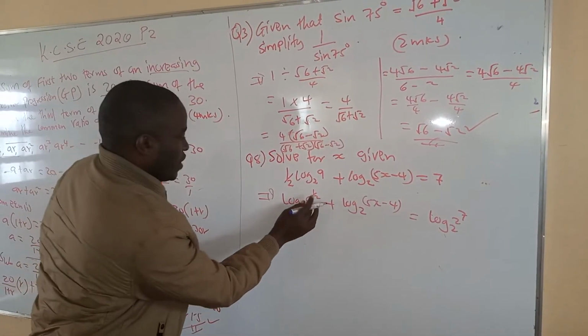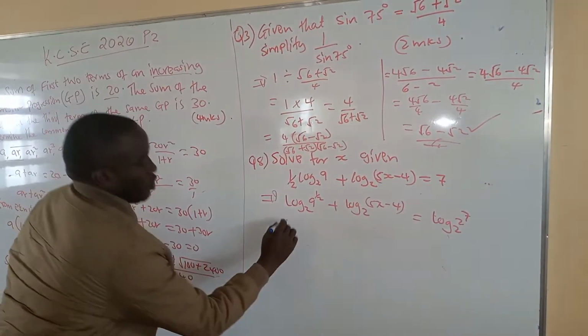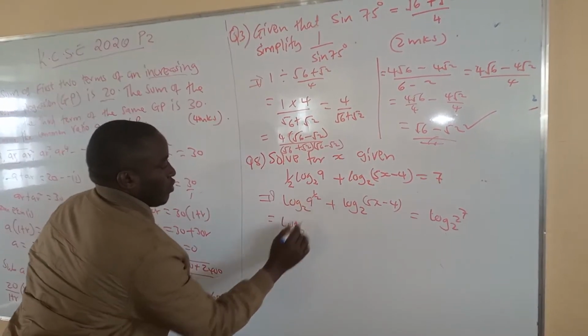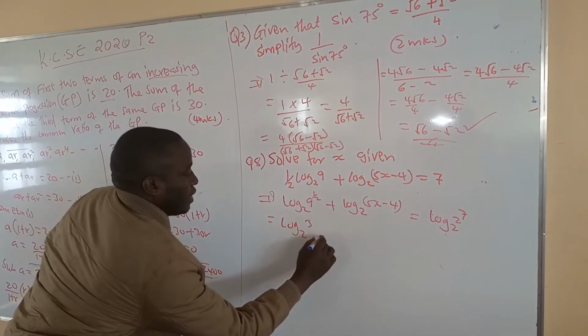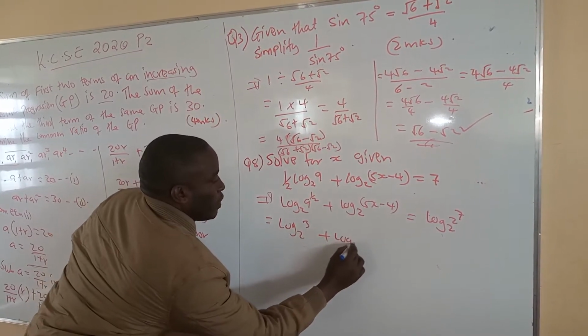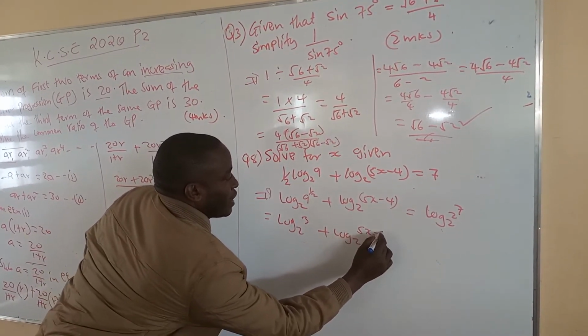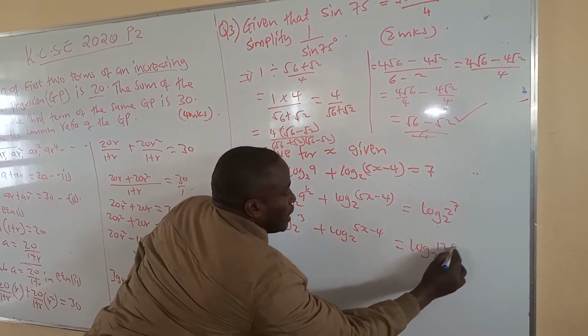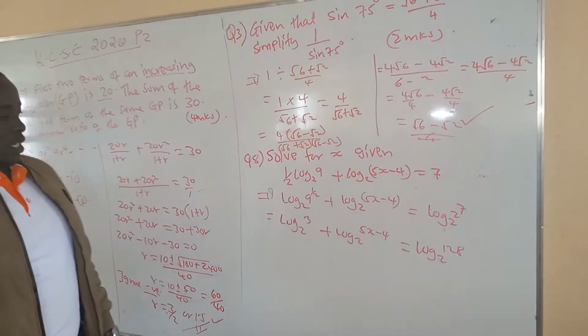And therefore, this is the square root of 9, so it will be log to base 2 of the root of 9, which is 3, plus log base 2 of 5x minus 4, which is equal to log base 2 of 128. 2 to the power 7 is 128.